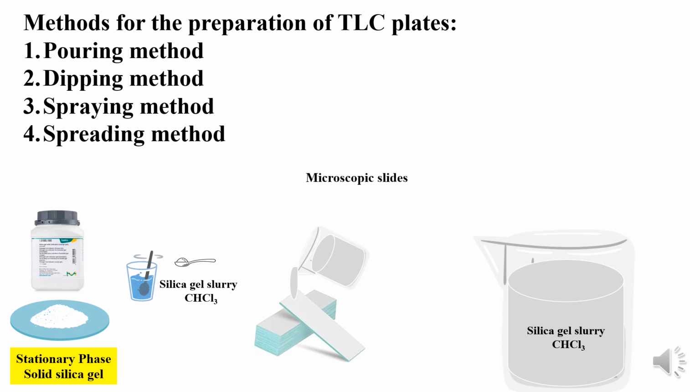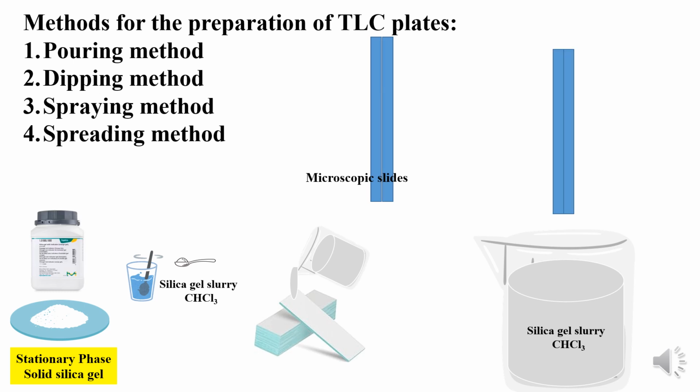Now in case of the dipping method, we can make use of microscopic slides available in the laboratory. You take 2 microscopic slides, sandwich both the slides. Now dip the sandwiched microscopic slides into the beaker containing silica gel slurry.